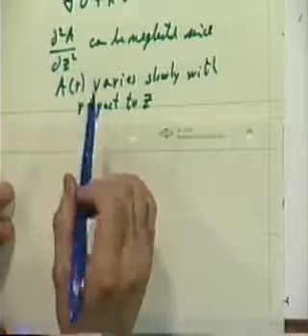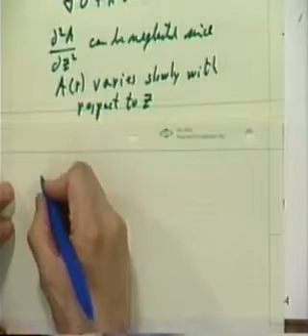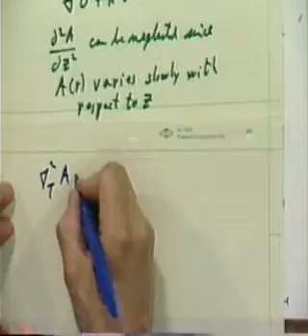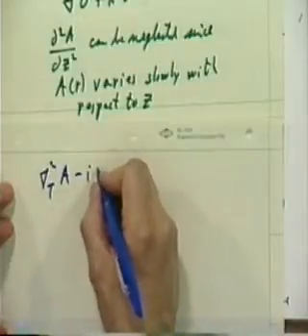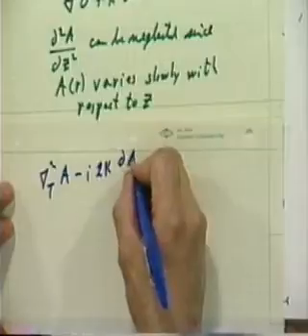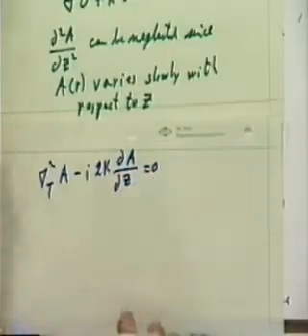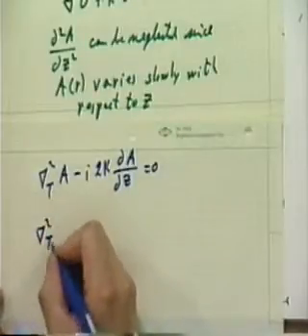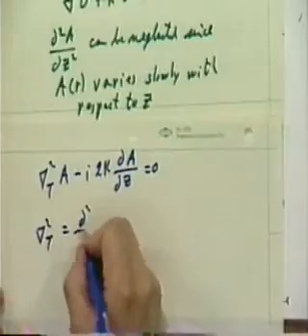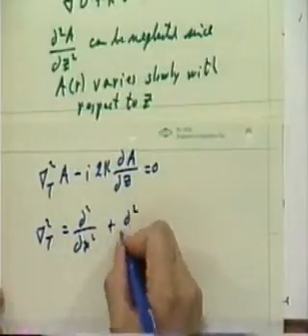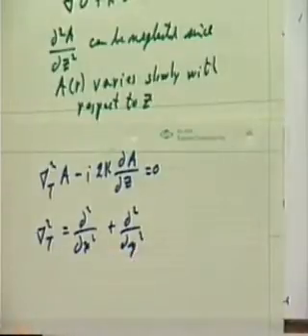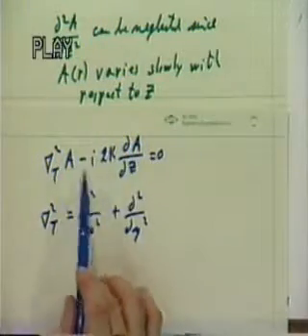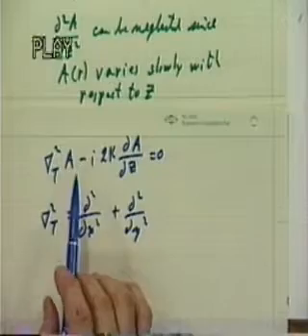And we had here that del squared sub t, we'll define that in a second, of A, minus i 2k partial of A with respect to Z is equal to 0, where this del squared sub t is second derivative with respect to x plus the second derivative with respect to y. So this was the expression then that we had here. And from this, we need to solve for A.